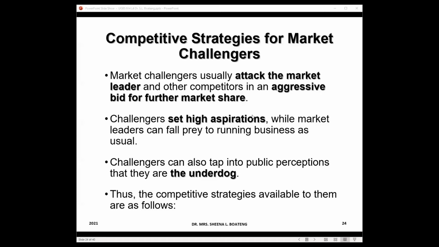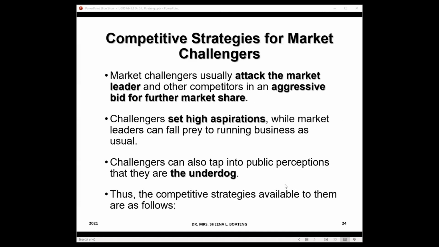So unlike the market leaders who sometimes fall prey to being comfortable with their lead in the market and therefore do not see the significant need to take strides to contain the actions of other competitors or to maintain their lead, challengers are always hungry and aggressive to be able to gain more of the market.